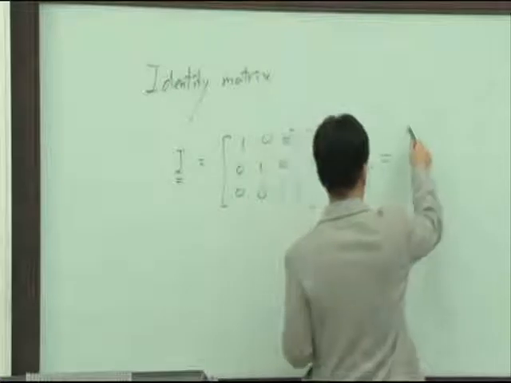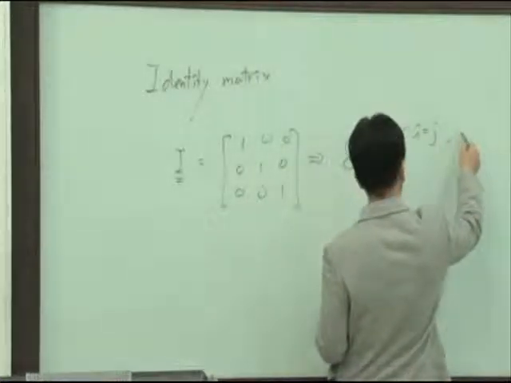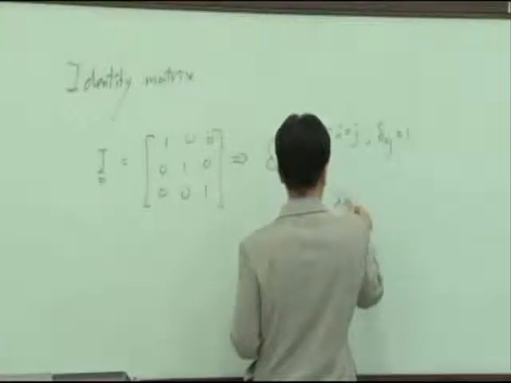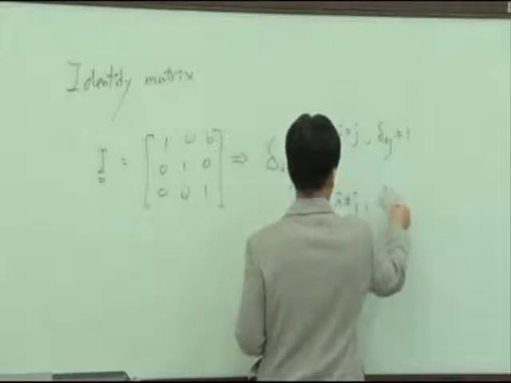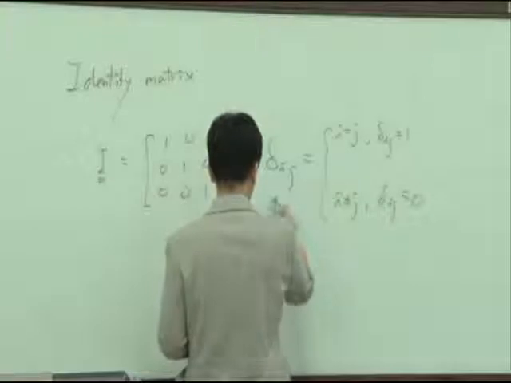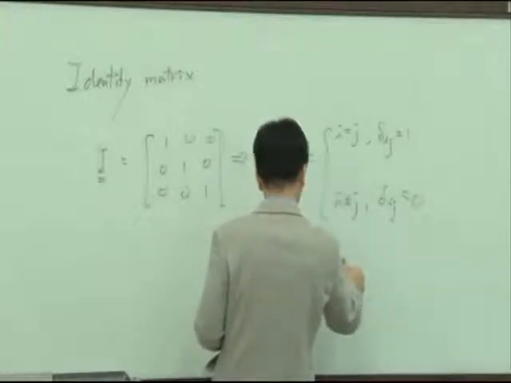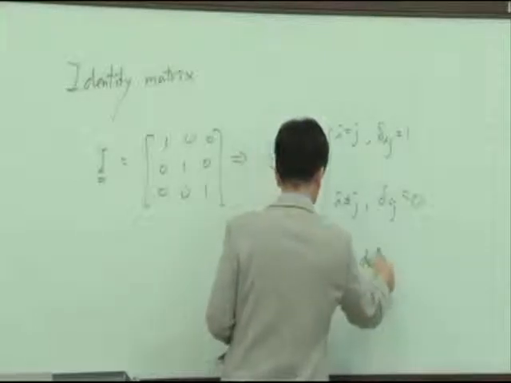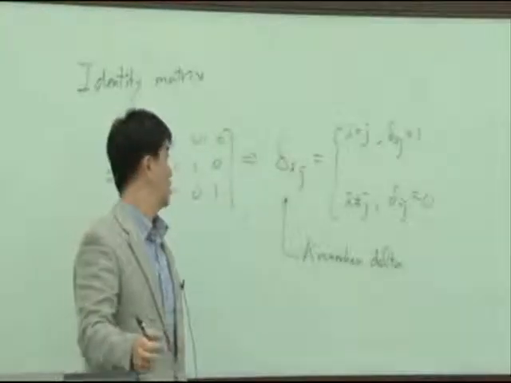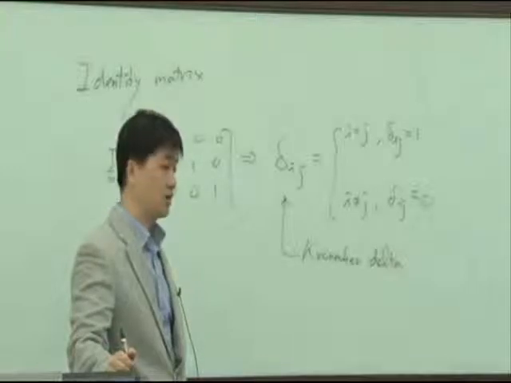Its definition is if i and j is same, this is a 1. If i and j is different, 0. So name of this is Kronecker delta. Yeah, this is quite important. We very frequently use this Kronecker delta.